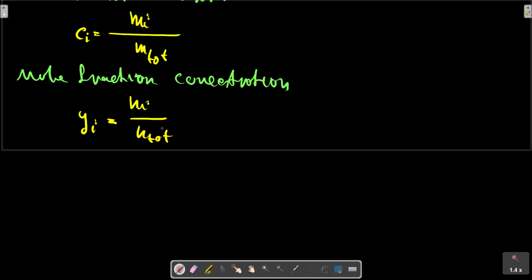Which are related to the molecular mass Mi of each component.